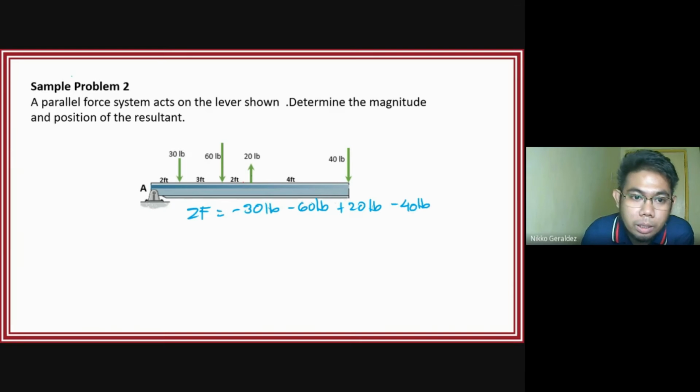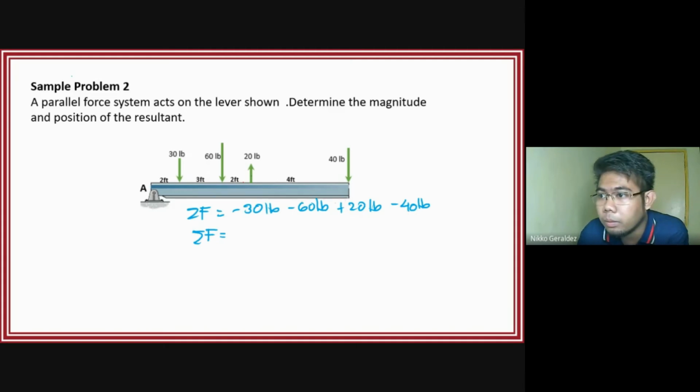What is the resultant force? So that is negative 110 pounds, no?